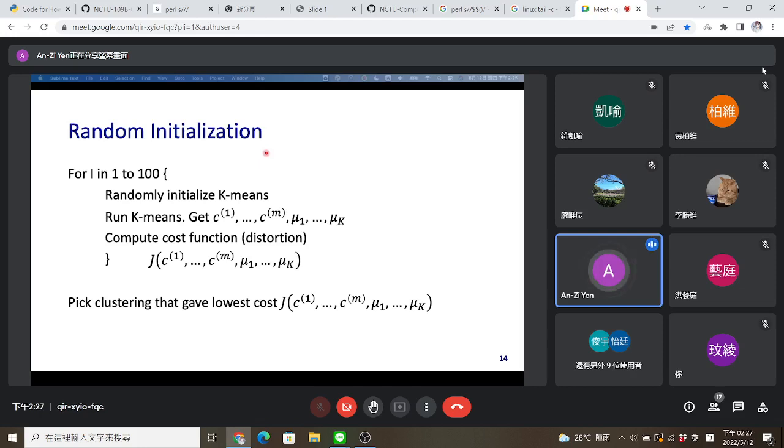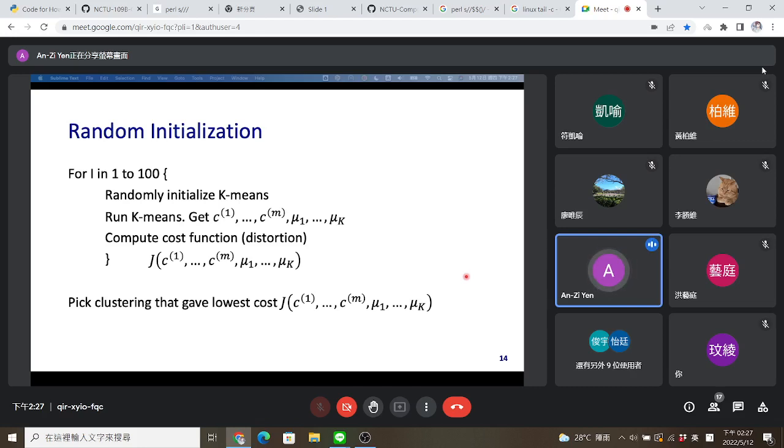But it is a better way to avoid the local minima and get a better result.